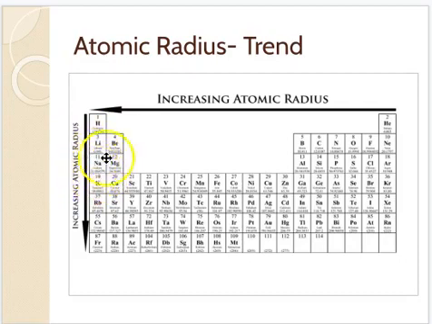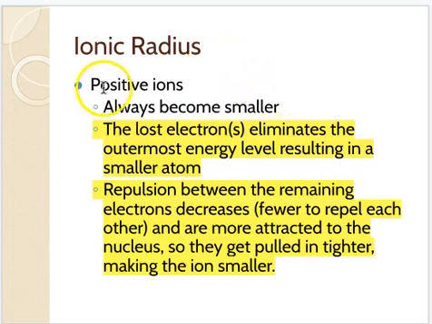Sodium has one valence electron, so it tends to lose that electron in an ion, and therefore it becomes a positive 1. So we're going to compare sodium as its neutral self to its ion, which would be a sodium plus 1. We know positive ions always become smaller.